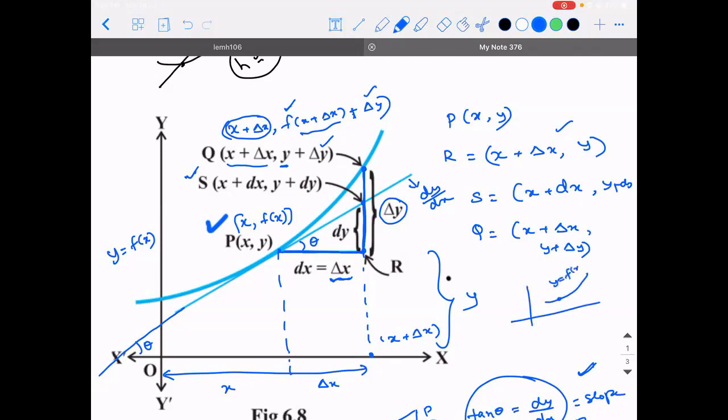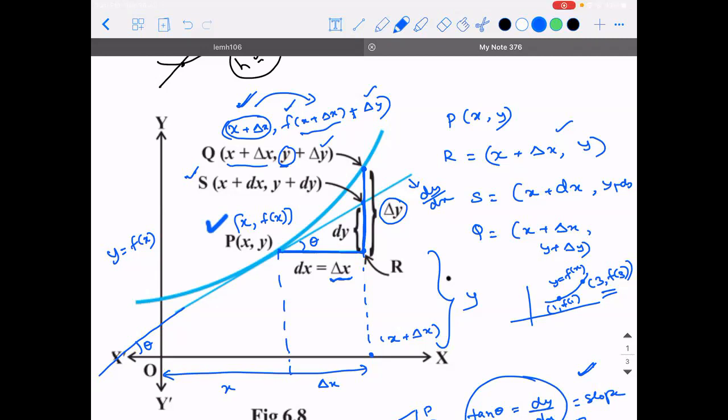Y is equal to f of x. So if I take this one point as 1, can I write it as f of 1? Y is f of 1. If I take this point as 3, can I write it as f of 3? In a similar way, what is the x coordinate here? X plus delta x. Now you understood? Yes. So that is why I wrote f of x plus delta x. Because y will take that value, no?